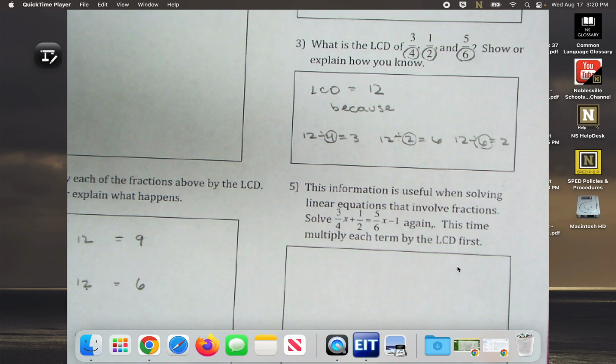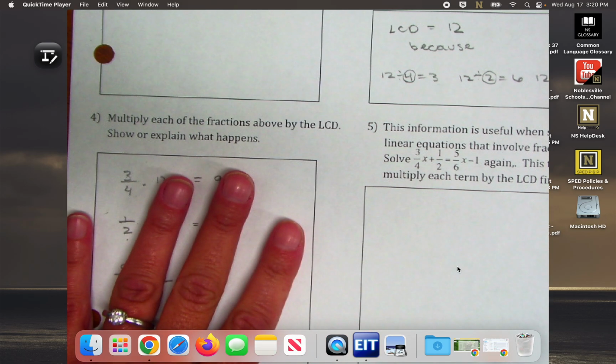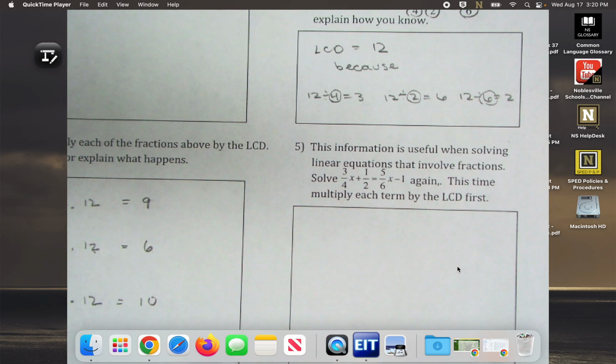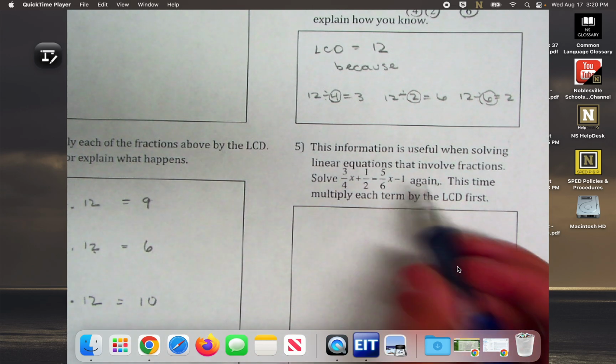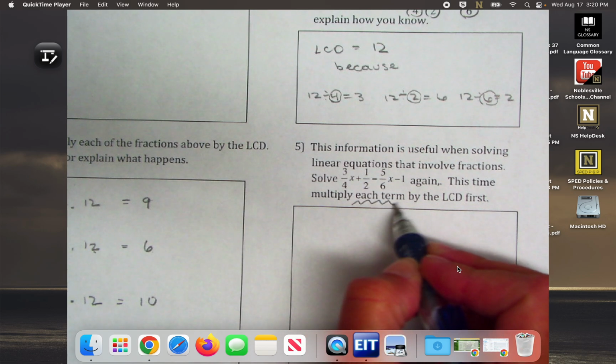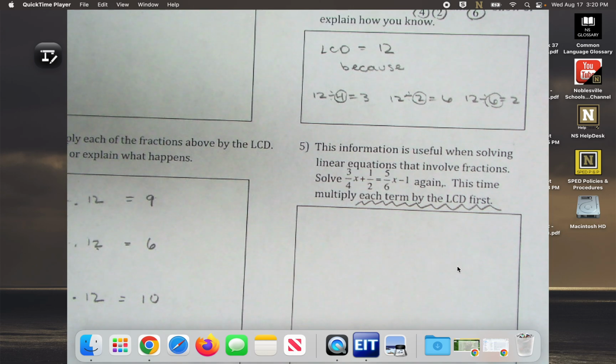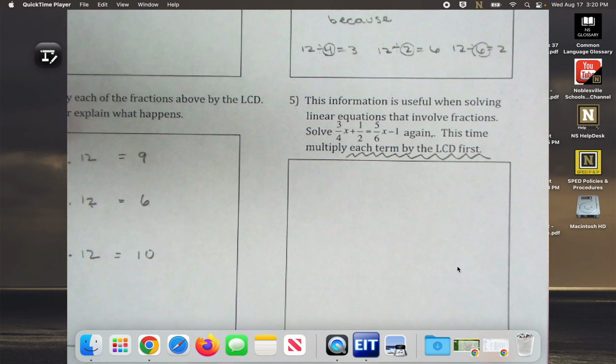I'm glad you weren't. Okay, so now we're going to use this information to solve this equation by getting rid of our fractions, because we're going to multiply each term by the least common denominator. Now, this is where it gets a little hectic because we have some terms that are not fractions. If we're going to do this, everything needs to be multiplied by the least common denominator.